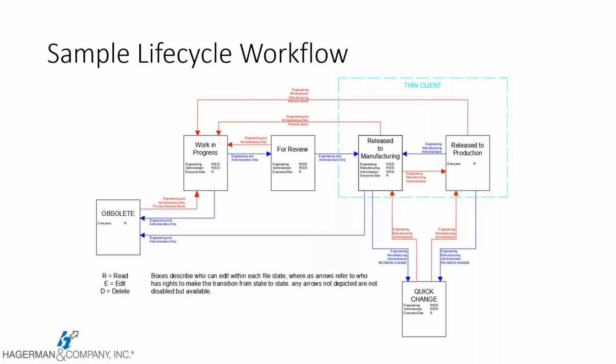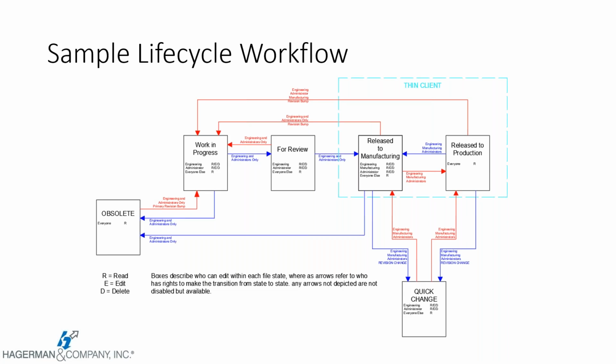And as you make those adjustments, you can force the system to perform other operations. For example, when a file gets pushed from review to release to manufacturing, we have a number of triggers that can take place during that transition. Typically, that would be where we would start creating output files, so we could generate some PDFs or DWFs from the document set.